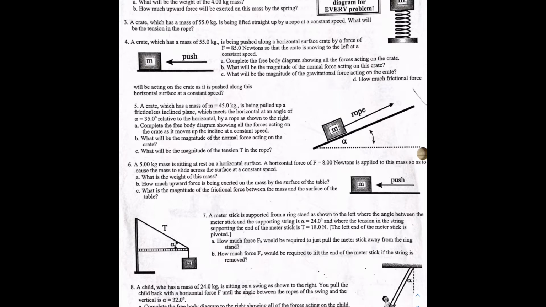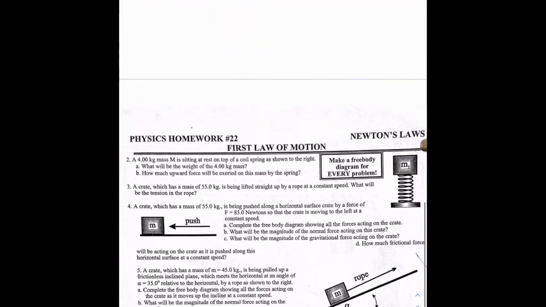So in this question, we're always going to redraw. Even though they give us these diagrams, and you can see all the pictures on this page, we always want to redraw. It just helps make the problem more our own, and then we know everything that's currently there. So we have a mass sitting on a spring.